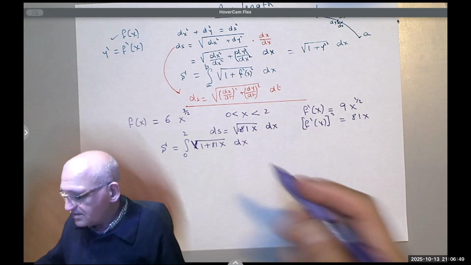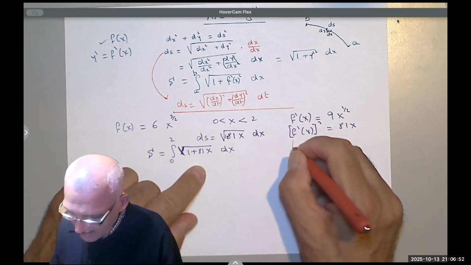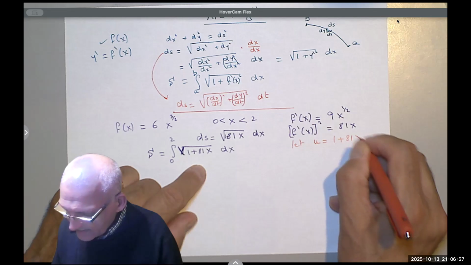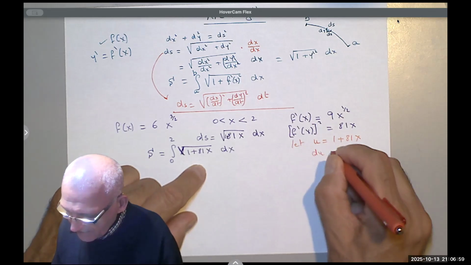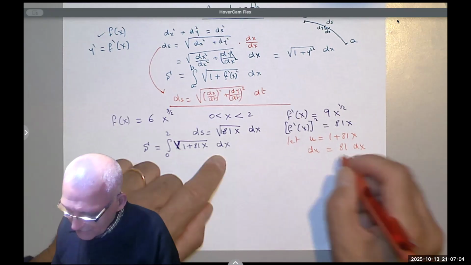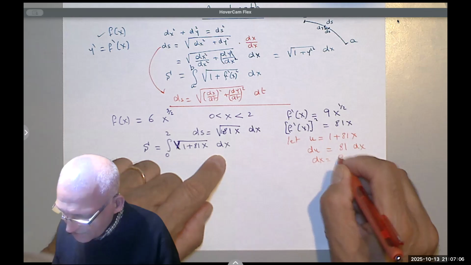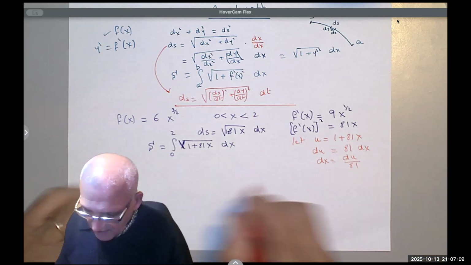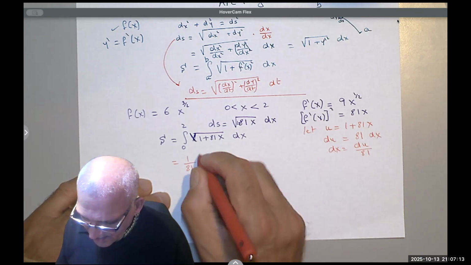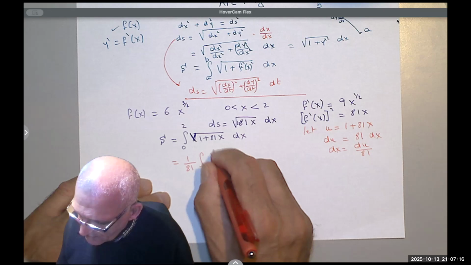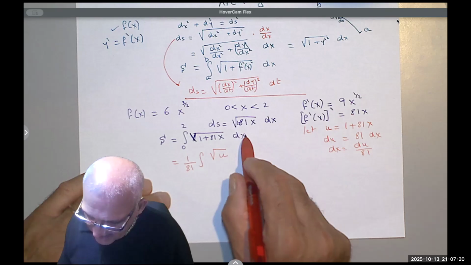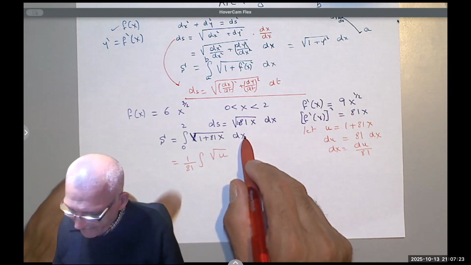In fact, you don't even need a substitution, but let's say let u equals 1 plus 81x. So du becomes 81 dx. I don't have 81 out, so I can say dx equals du divided by 81. So that would be 1 over 81, the integral of the square root of u du.